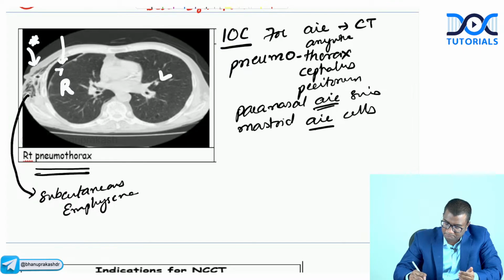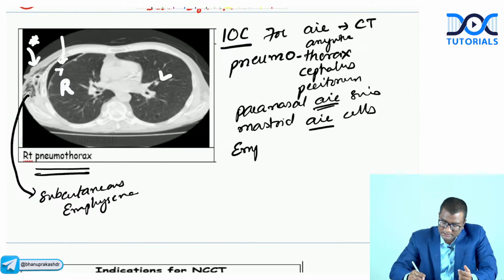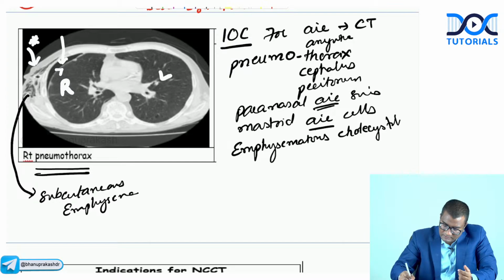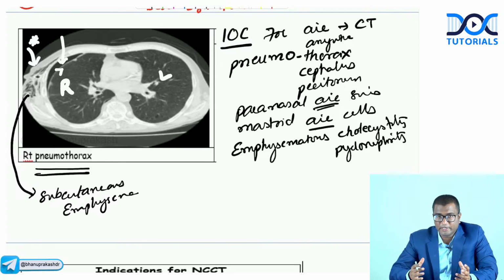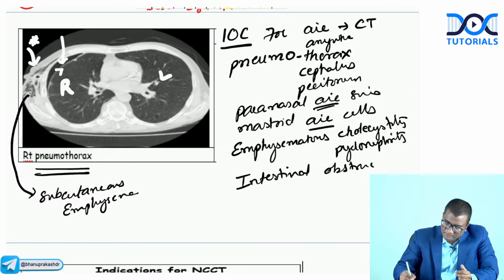It could be anything having air-containing infections like emphysematous cholecystitis or emphysematous pyelonephritis. Or when you have distended air-filled bowel loops, so intestinal obstruction, the investigation of choice is CT. So please remember, for air anywhere, it is CT. Remember, CT for ABC.